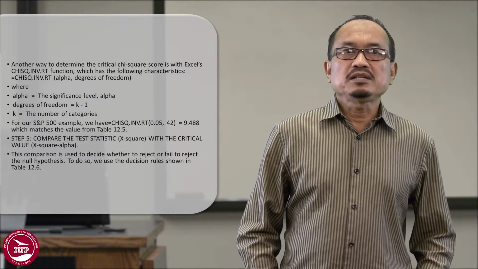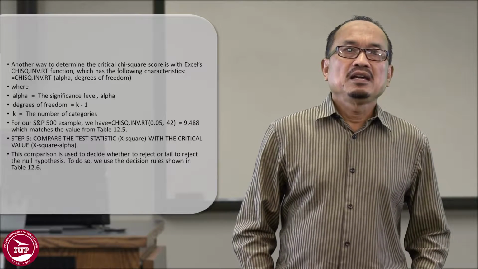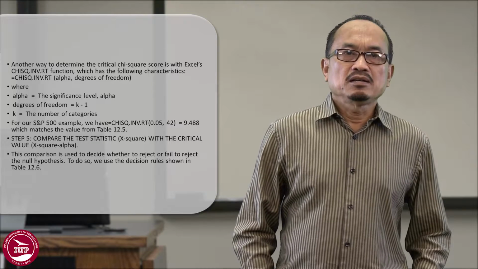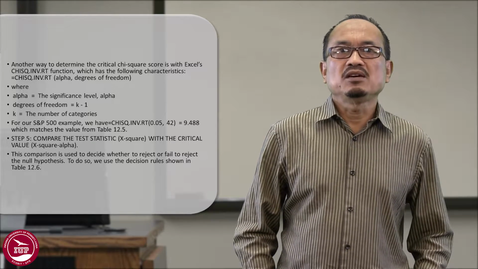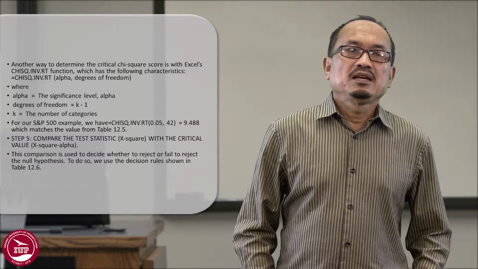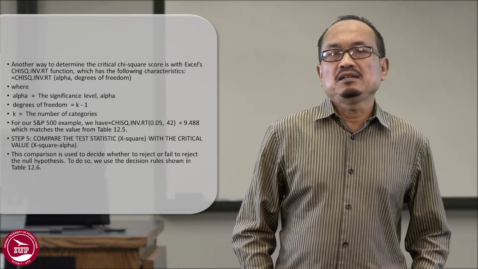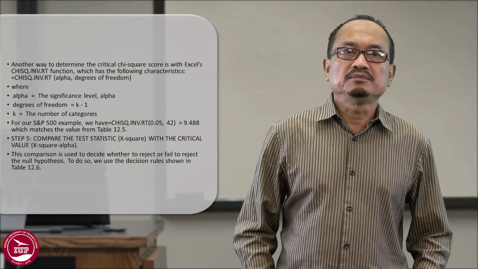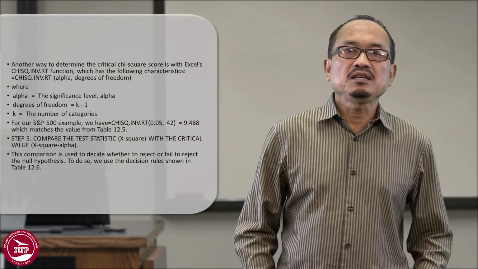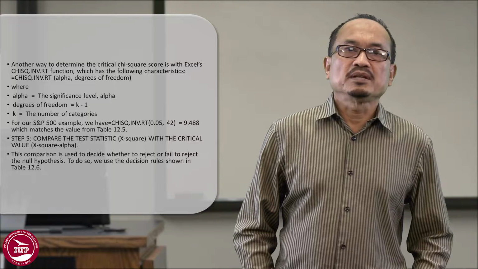Another way to determine the critical chi-square score is with Excel's CHISQ.INV.RT function, which has the following characteristic. CHISQ.INV.RT, with parentheses, alpha and degrees of freedom, where alpha is the significance level and degrees of freedom is k minus 1.